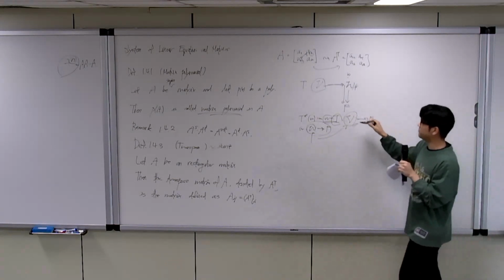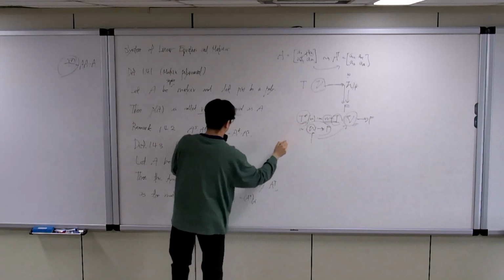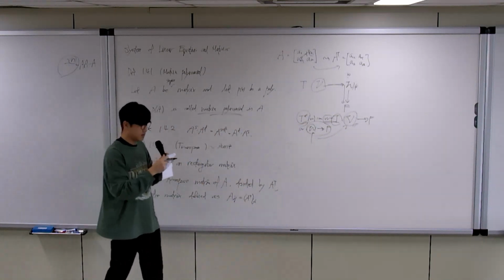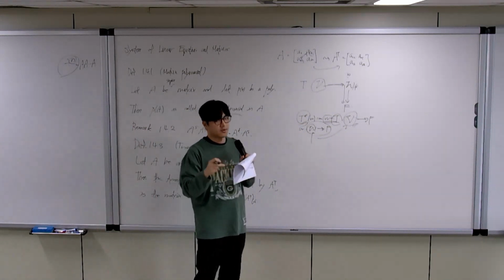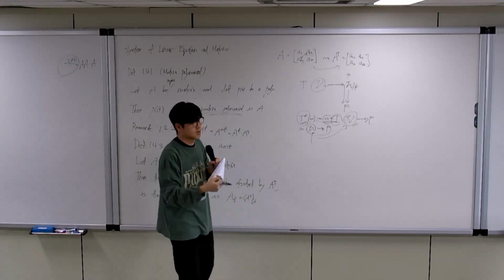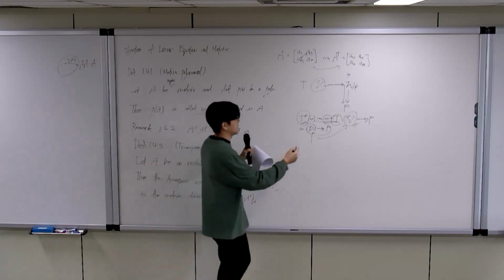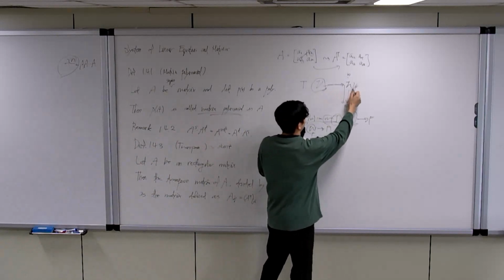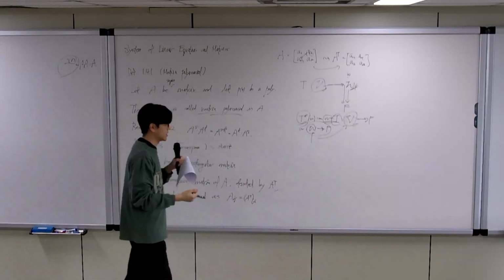So the dual system is a kind of inverse map that preserves the structure. In this concept, the structure was the vector space.